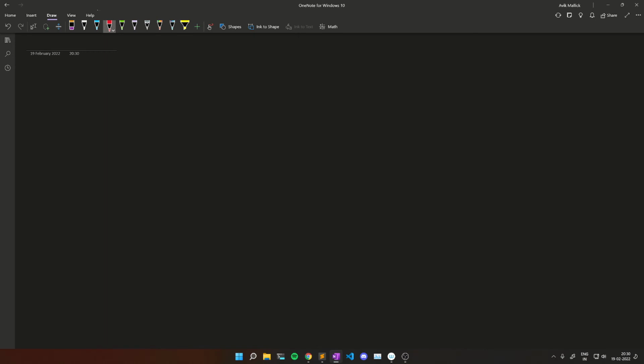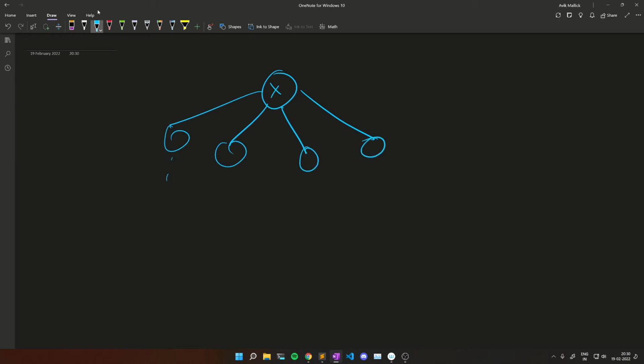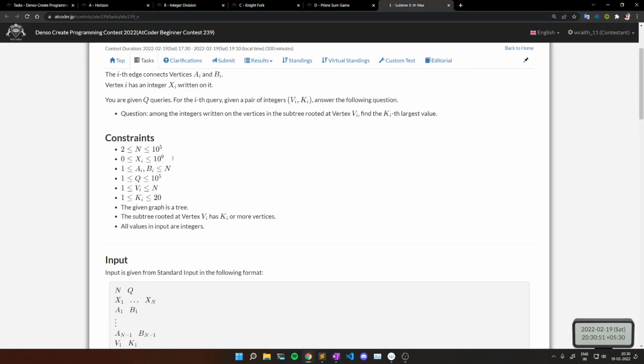If we think of this problem recursively, let's say this is a tree, it will also have some subtrees from here. Now see, let's say that the value of k at most can be 20, right?